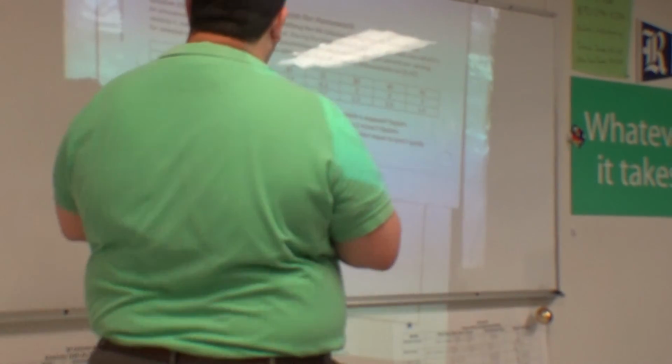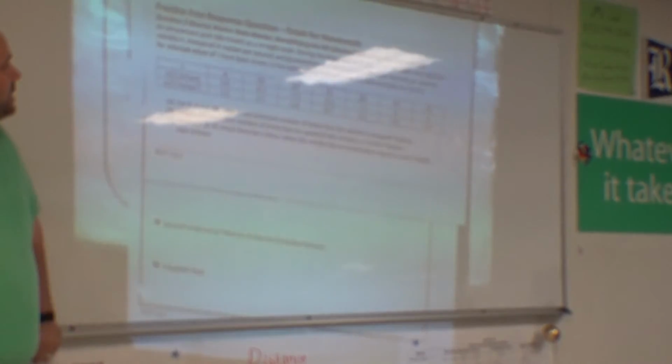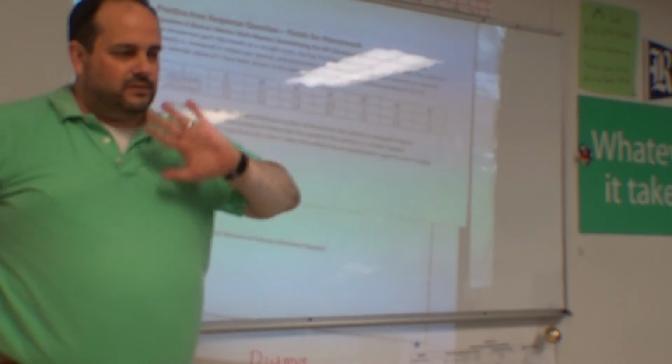With this one, we've only got about 6 minutes. Let's see how far we can go with this. For the second one, read it over, mark it up, and be ready to talk.